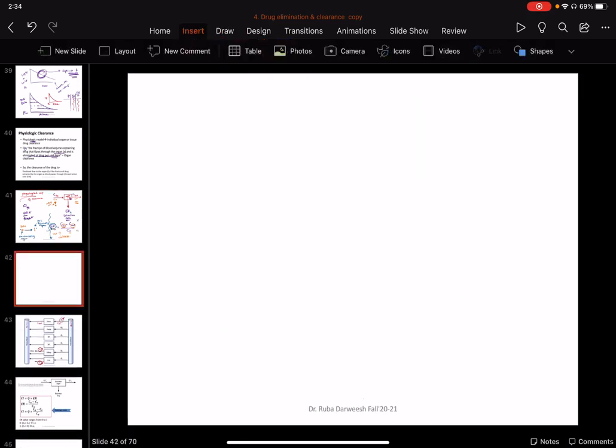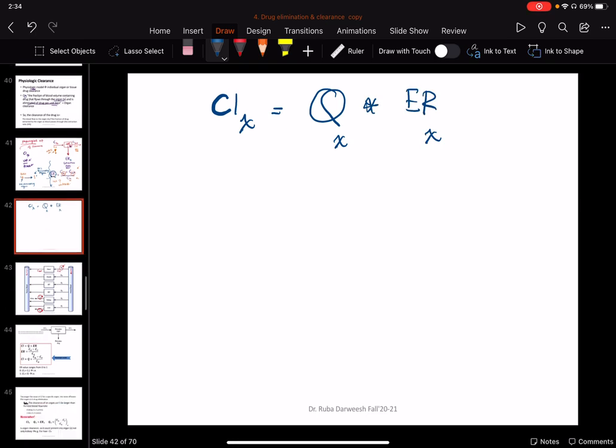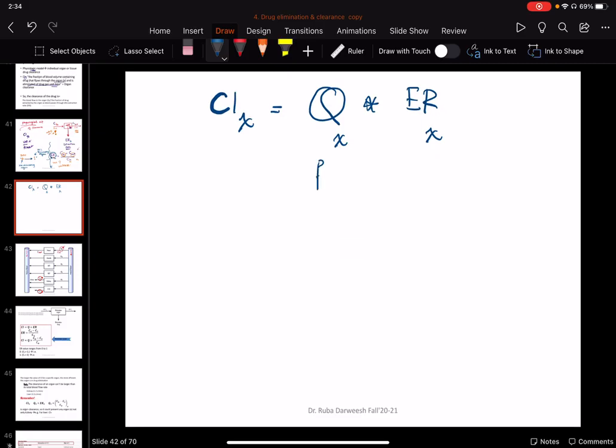To determine the clearance of that organ, it would be equal to the blood flow to that organ multiplied by the extraction ratio of that organ. So upon our knowledge so far, the flow of that organ and the extraction ratio of that organ are the factors that affect the physiological clearance of that organ.